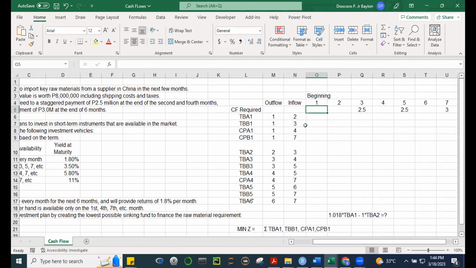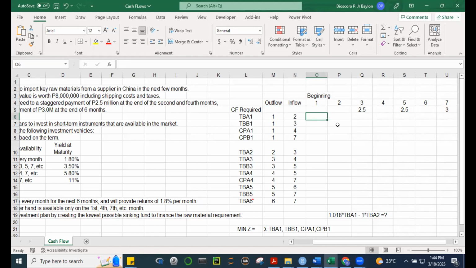Yes, beginning of investment. Correct. It's a cash outflow. TBA1 will, as you can see from here, outflow, inflow. TBA1, this is on month 1. At the beginning of month 1, we put out this specific amount, TBA1.